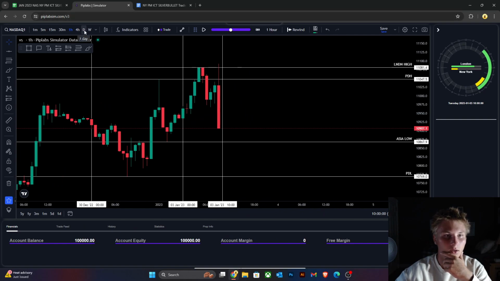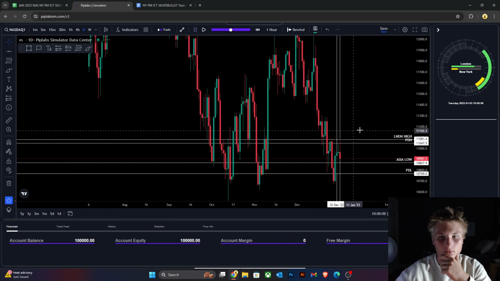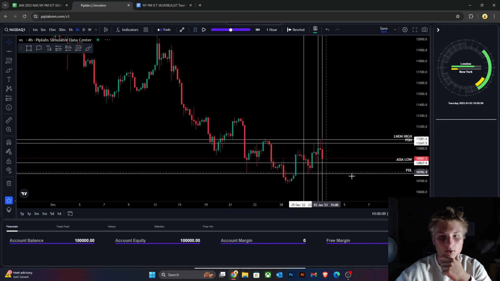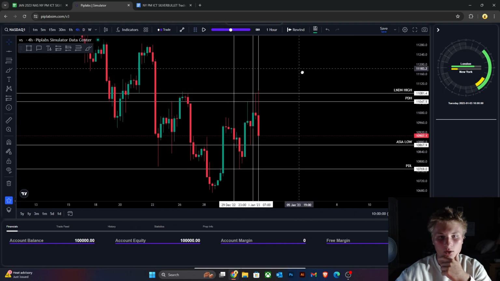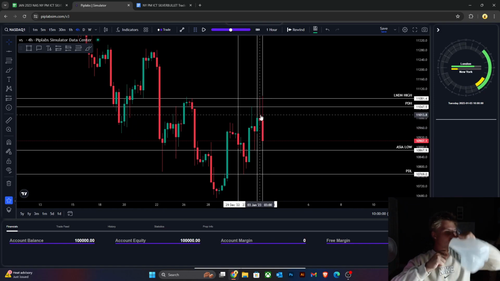But on the daily here, previous candle closed bullish, previous 4-hour closed bearish. Hold up.